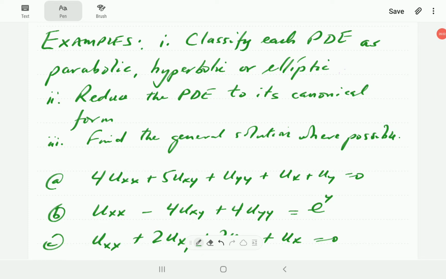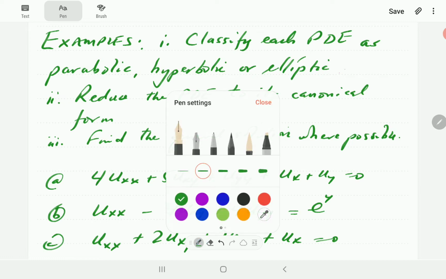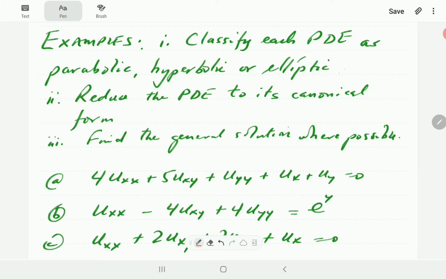All right, in these examples, we are given several PDEs. The first thing we're going to want to do is to classify each PDE as parabolic, hyperbolic, or elliptic. Then in part 2, we're going to want to reduce the PDE to its canonical form. Then in part 3, we're going to find the general solution where possible.